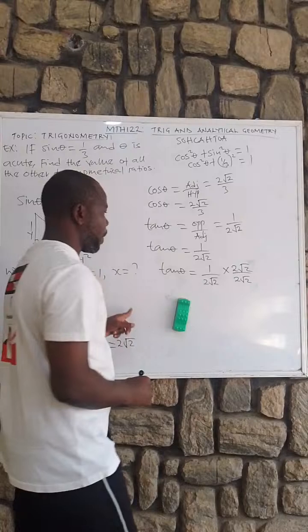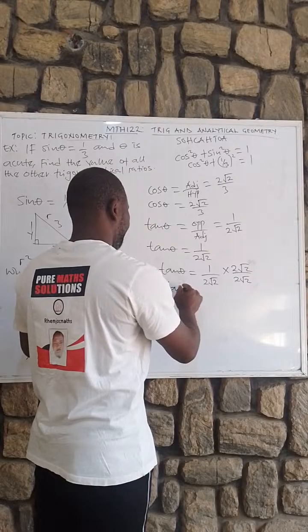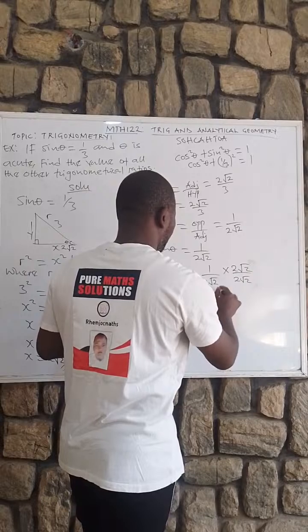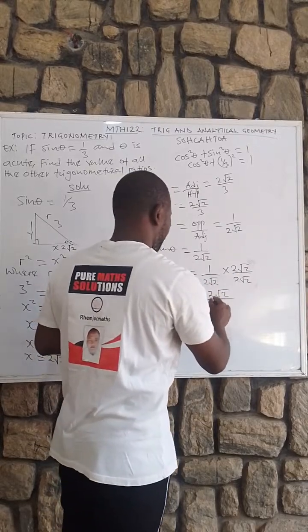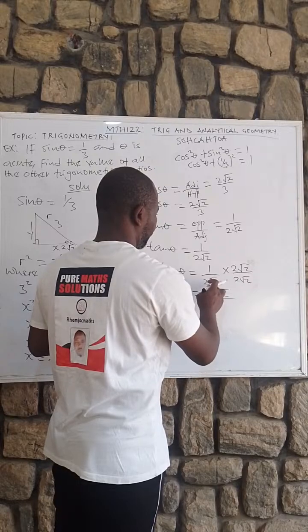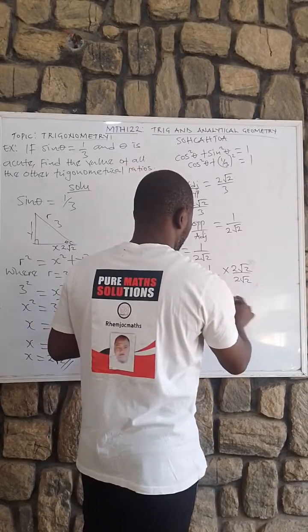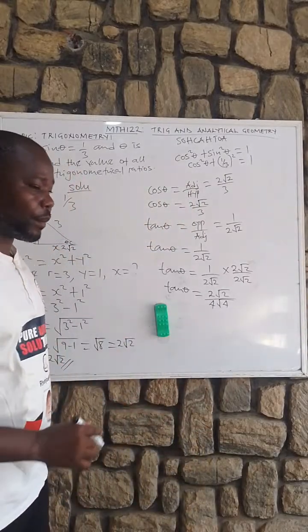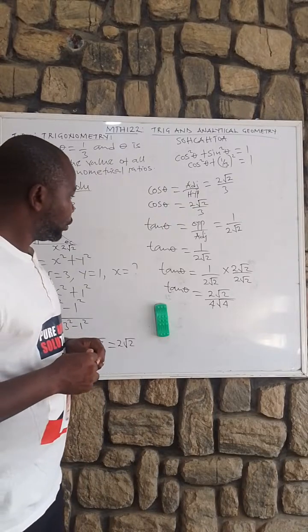Can you see now? So our tan theta will now be equal to 1 times root 2, then 2 times 2 is 4, and here root 2 times root 2 is 2.